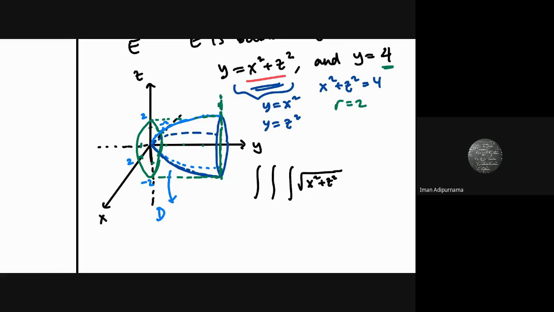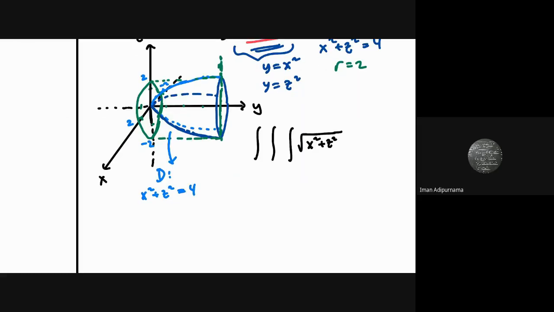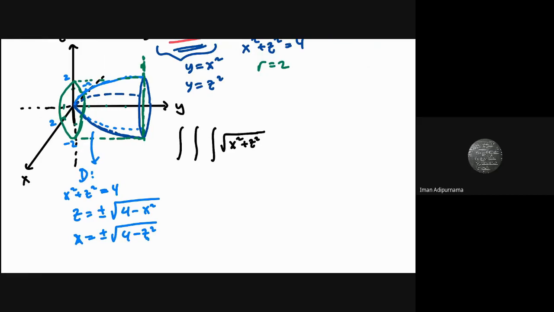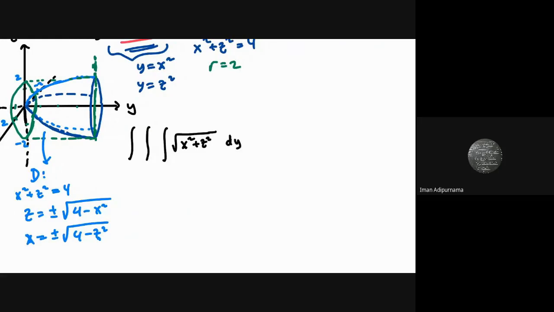So if D is this surface here, that is our surface, then we can take this into at least 2 equations that you can pick as your choice for the boundary. You can pick z equal a function of x, or x equal a function of z. Okay, let me write here dy, dz, and dx.